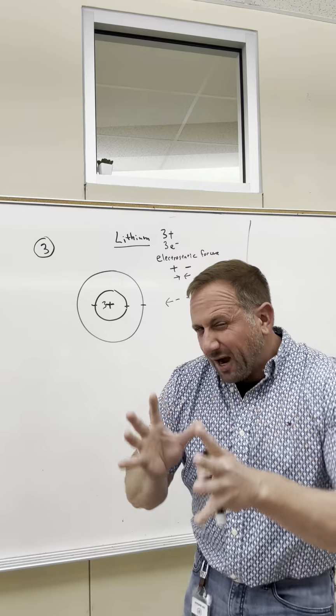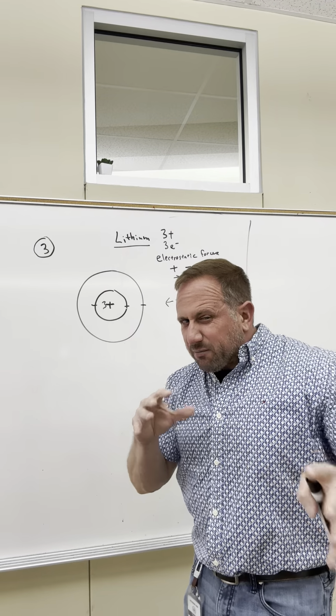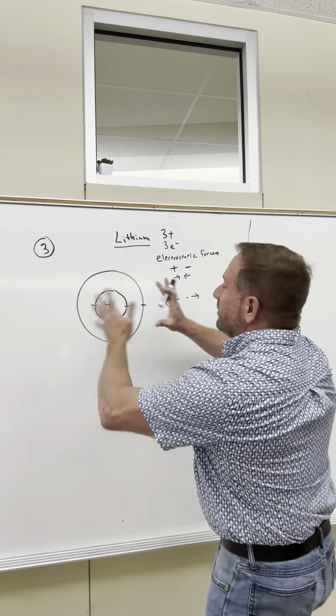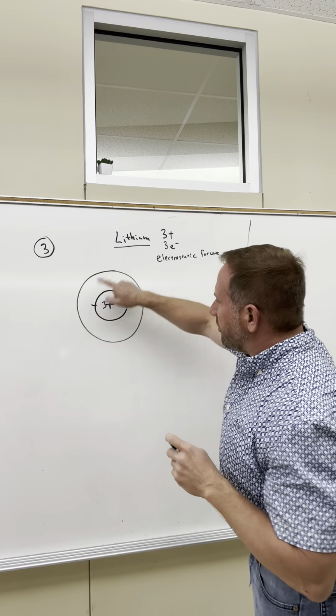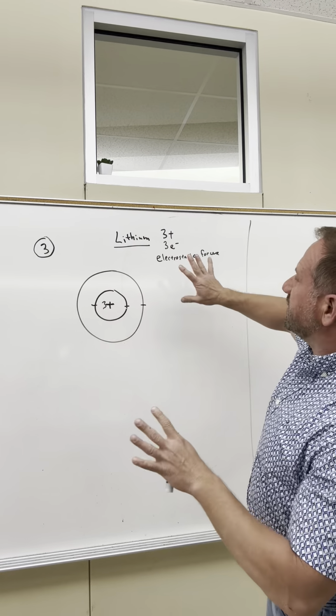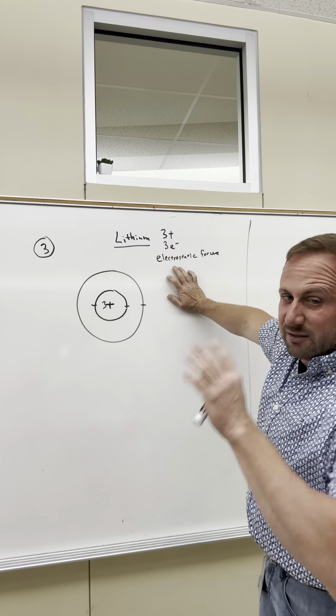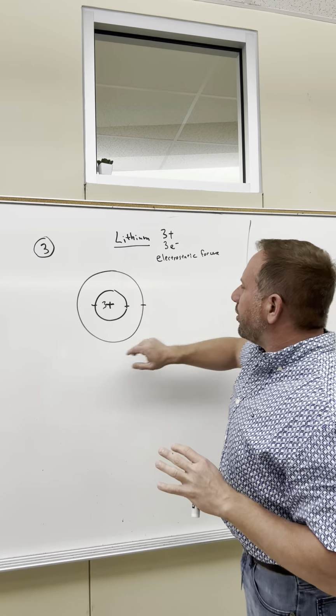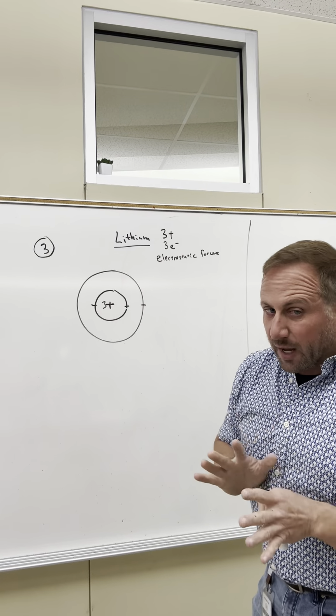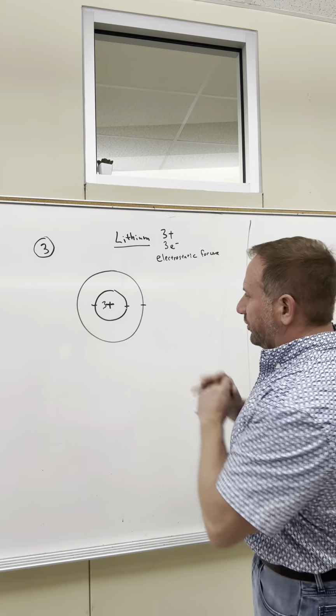So we want to maximize attractions and minimize the repulsions, and this just happens to be the setup in which 3 protons and 3 electrons have the most attractive electrostatic attractions taking place while minimizing the repulsions.